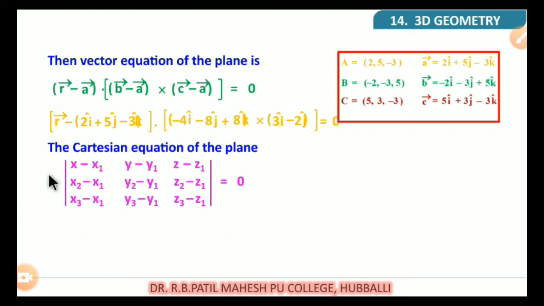This whole determinant is equal to 0. This implies you have to replace the values here. x minus x1 is x minus 2, y minus 5, and z minus of minus 3 is z plus 3.